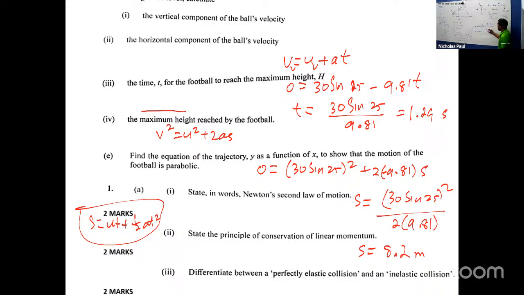And then when you square this out, you'll get g over 2 u squared cos squared theta multiplied by x squared. If you rearrange this, you will get a quadratic ax squared plus bx plus c. This is your a, this is your x squared, there's your b, there's your x.